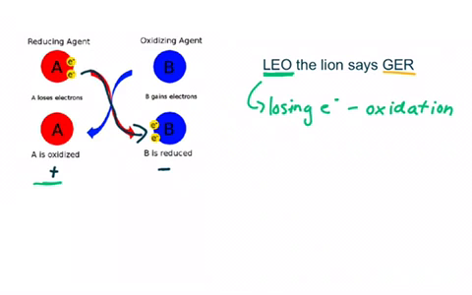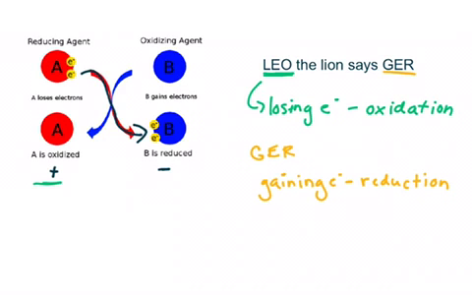And then the GER, it's kind of a funny spelling, stands for the opposite, in that gaining electrons is reduction. So definitely feel free to use that acronym as we're going along to help us keep track of what's called oxidation and what's called reduction.